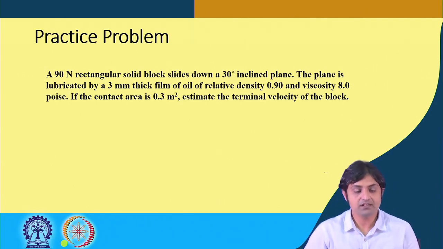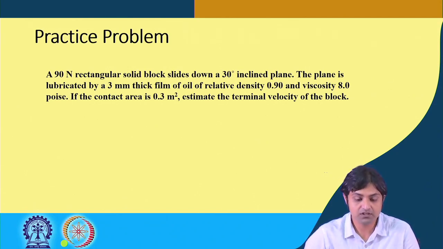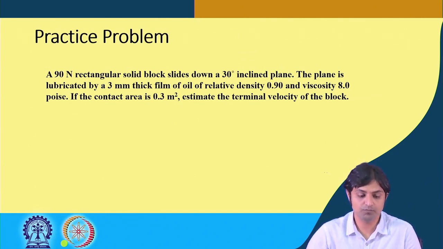So what it says is a 90 Newton rectangular solid block slides down a 30-degree inclined plane. The plane is lubricated by a 30 millimeter thick film of oil of relative density 0.9 and viscosity 8.0 poise. If the contact area is 0.3 meters square, estimate the terminal velocity of the block.